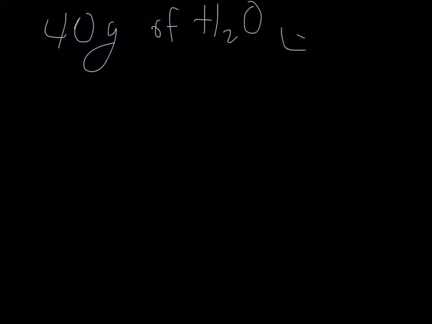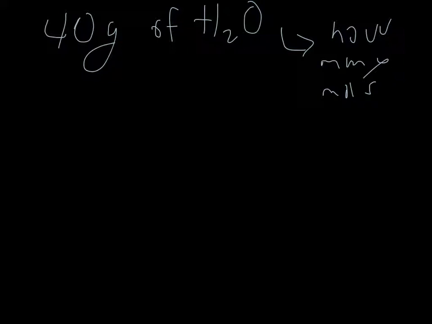Alright, here's a basic example of stoichiometry. Let's say I have 40 grams of H2O, and I want to know how many moles. The first thing we do is find the molar mass of water as a molecule.